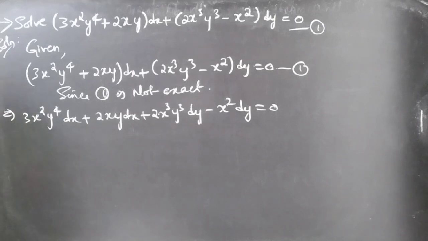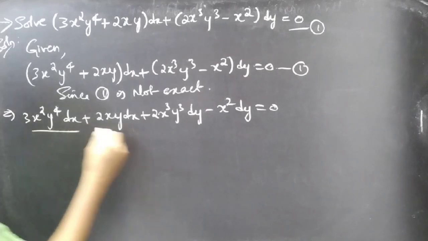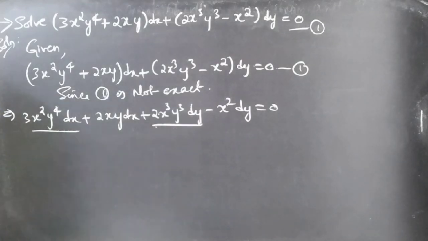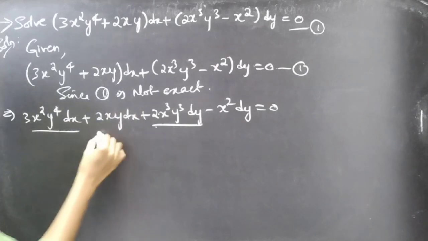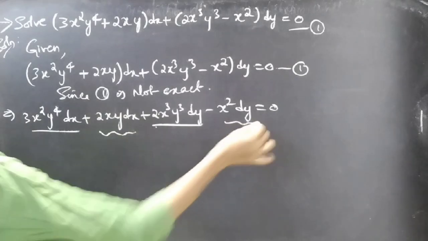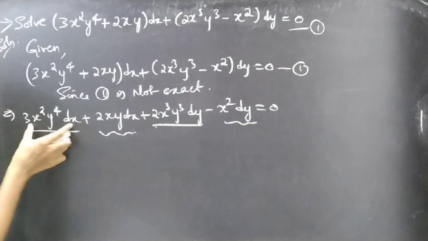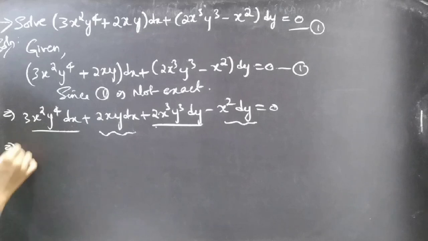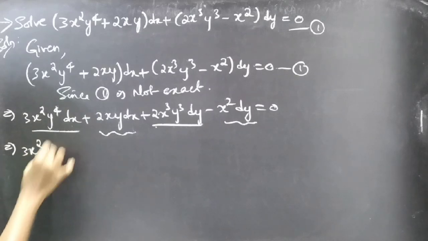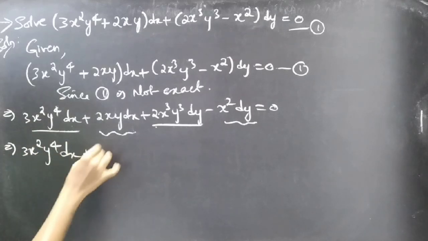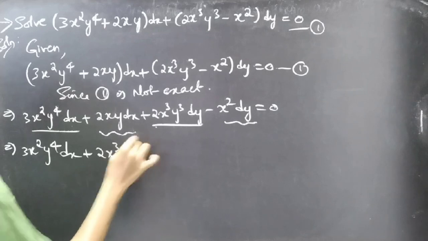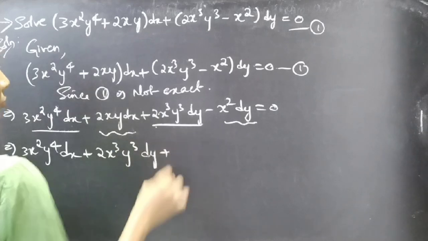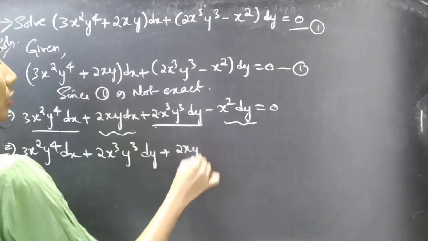Now let's take x²y³ common from these two terms and x common from these two terms. Okay, firstly I'll write the first term and third term together. Now I'll write the remaining terms.